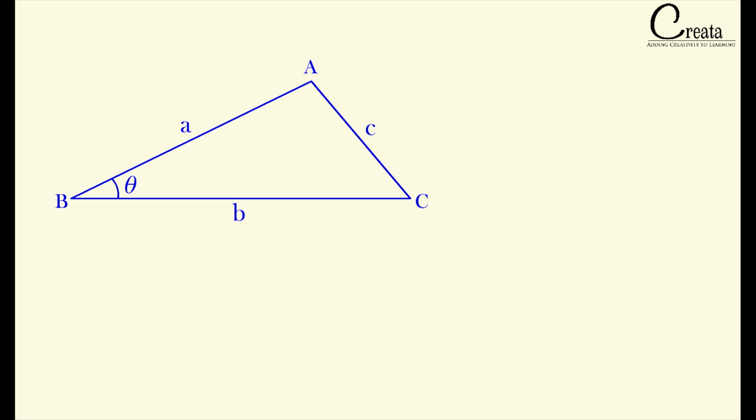We have to find the area of this triangle. The case is when we know the two sides and the included angle, that is the angle between the two sides. Here we are considering the two sides as A and B, and we are considering the angle theta, that is the angle between these two sides. When we know A, B and the included angle theta, then we will use this formula. Let's see what I am talking about.